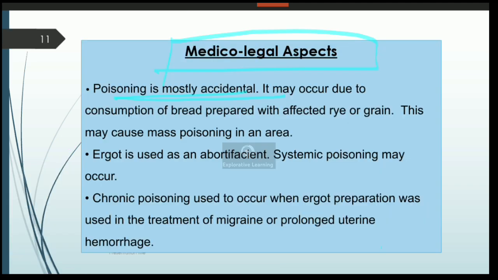Ergotism is mostly accidental. Now, as we discussed in our first slide, these ergot fungi are mostly found in stale grains. So a person might consume it without actually knowing that it's ergot fungi. It can be fatal.